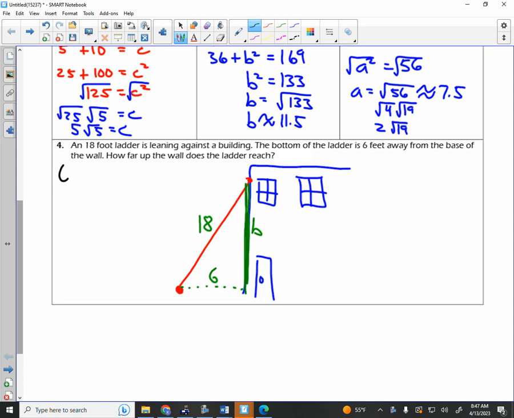And so we have 6 squared plus B squared is equal to 18 squared. 6 squared is 36. 18 squared is 324. I subtract 36 and I get 288.